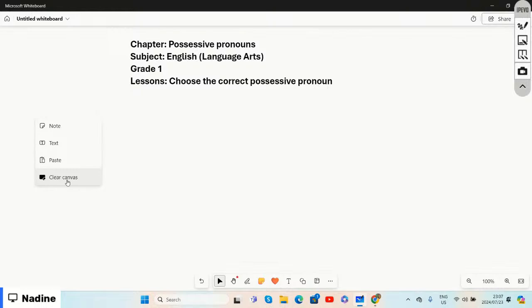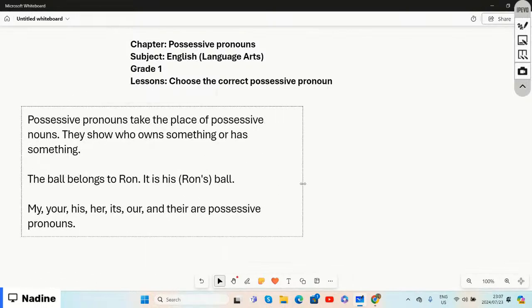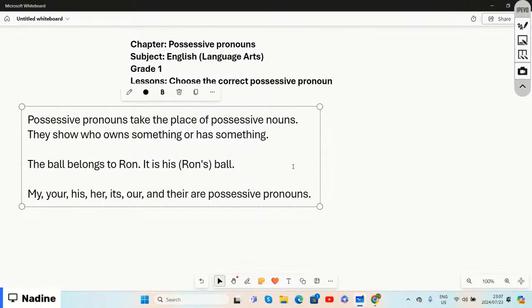And when it comes to pronouns, remember we said that a pronoun takes the place of a noun. A pronoun can be words like he, she, they, instead of saying, for example, your specific name.